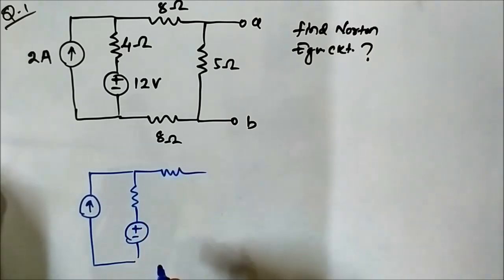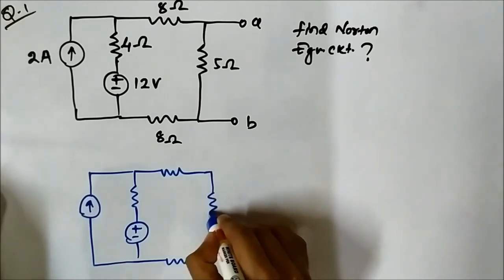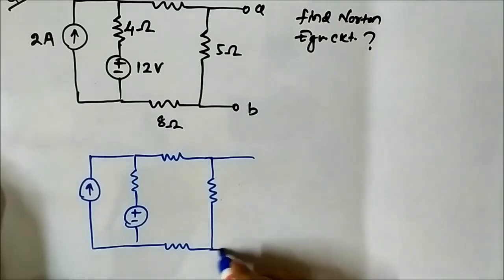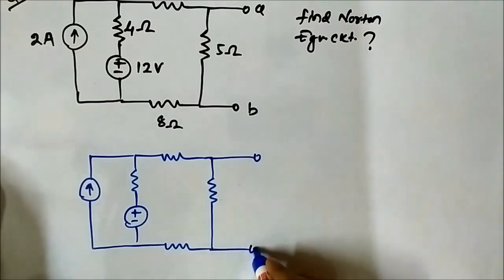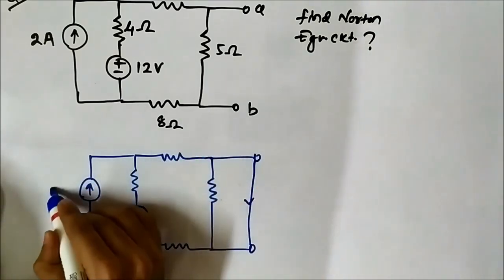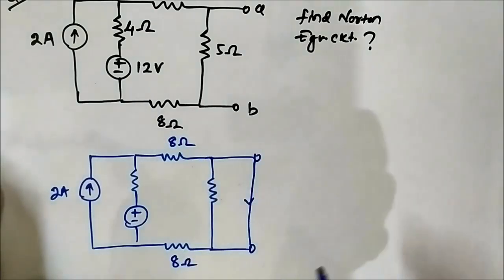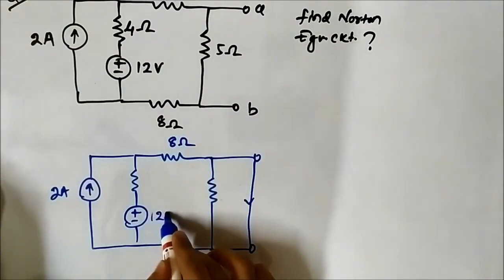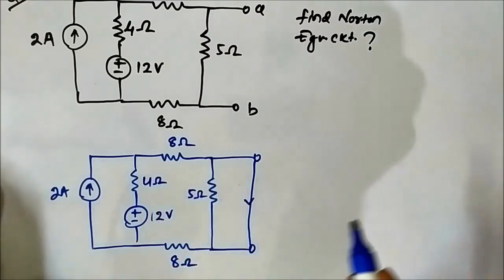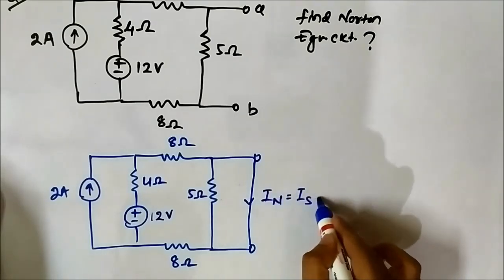We will short circuit these two terminals. This is 2 ampere, this is 8 ohm, this is 8 ohm, this is 12 volt, this is 4 ohm, this is 5 ohm, and this current is the Norton's current.